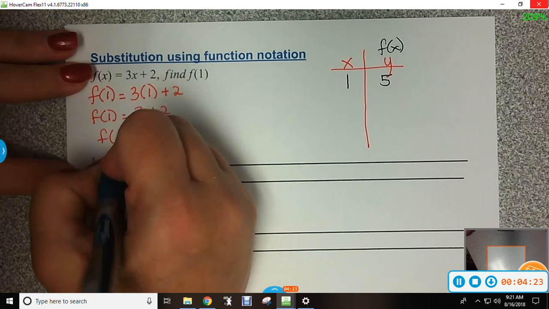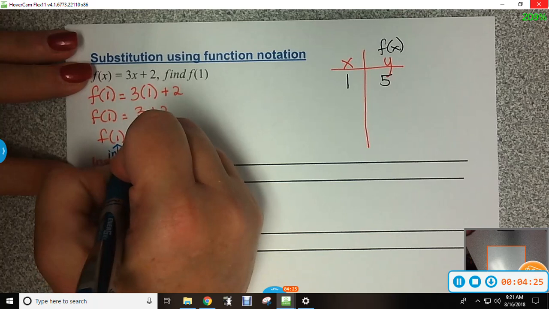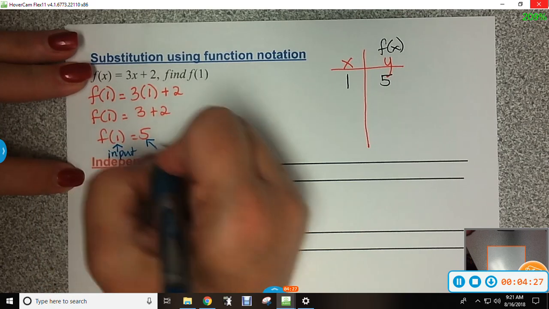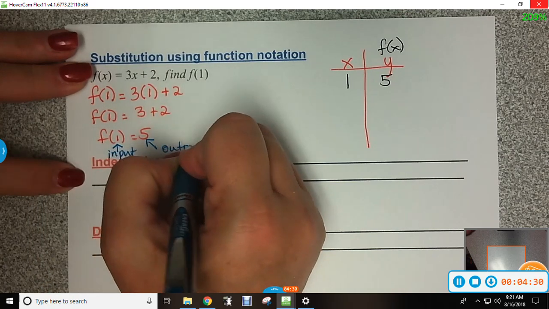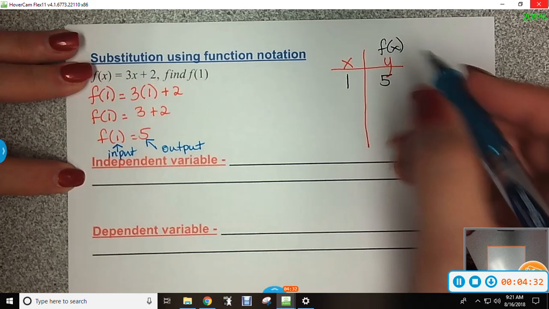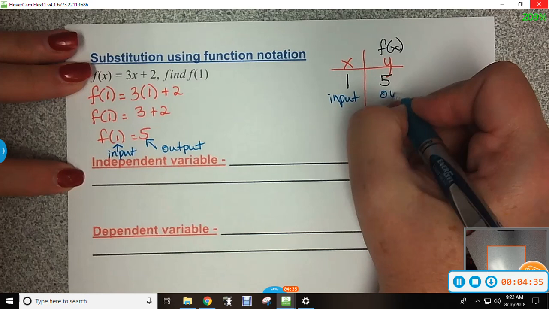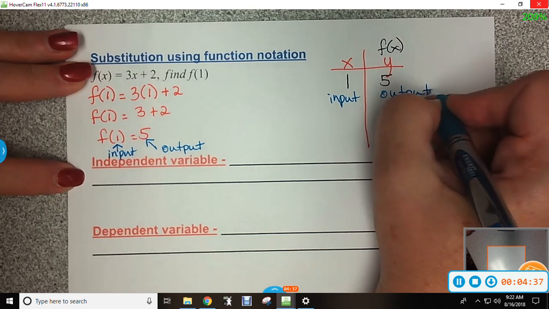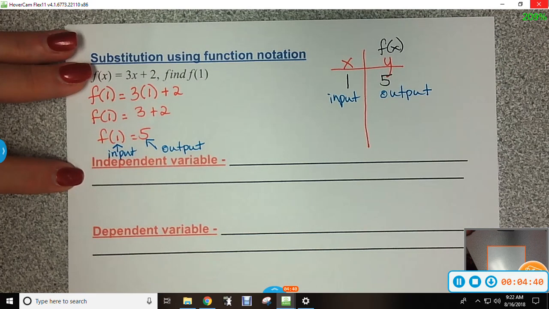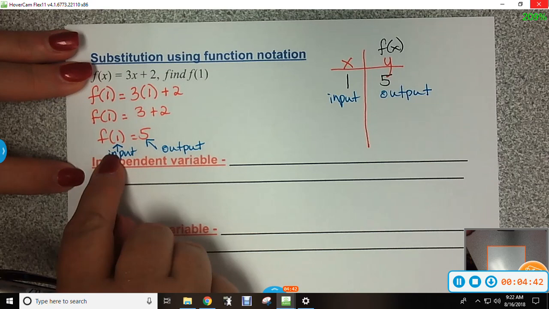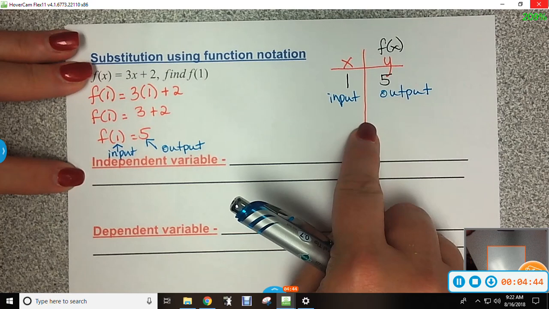This was my input. This was my output. Same thing over here. This was my input. This was the output. Okay? So if you don't like to look at it like this, do it this way.